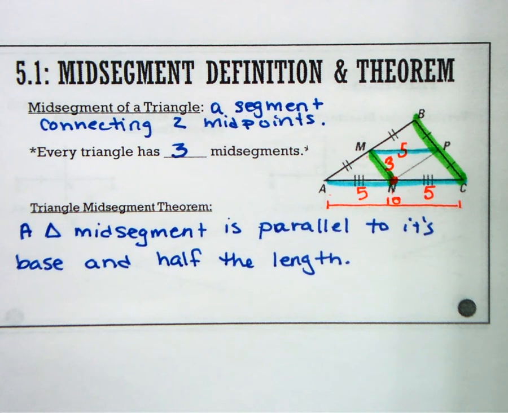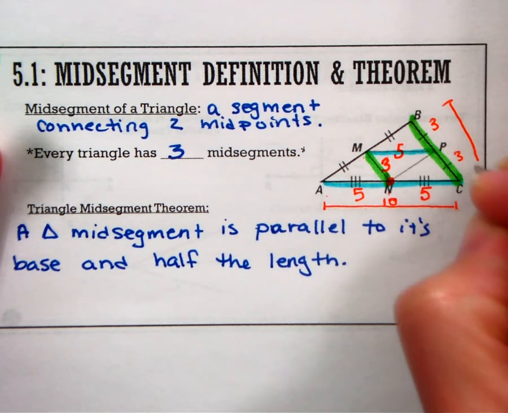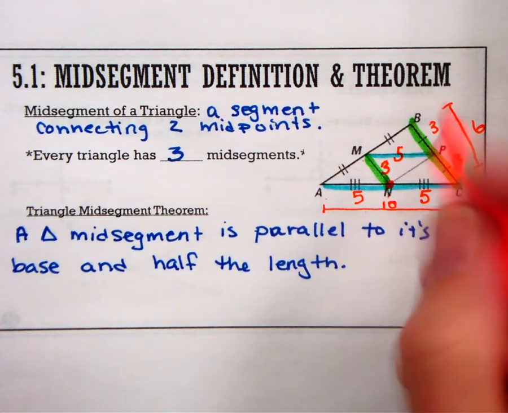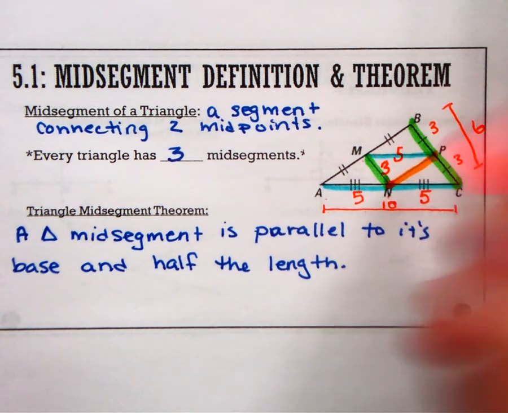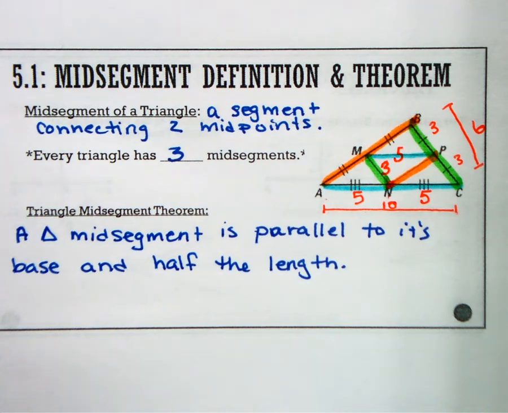So if you know MN is 3, what's the length of BC? 6, be double, which means each part is 3 and 3. Okay? 3 here, a 3 here, and a whole length of 6. This should be pretty straightforward so far, yeah? Okay, the last two that go together are NP and AB. Let's say AB is 8.